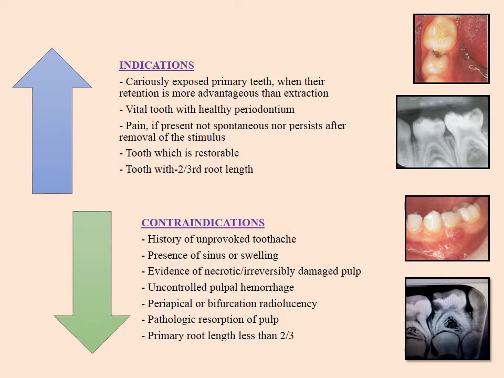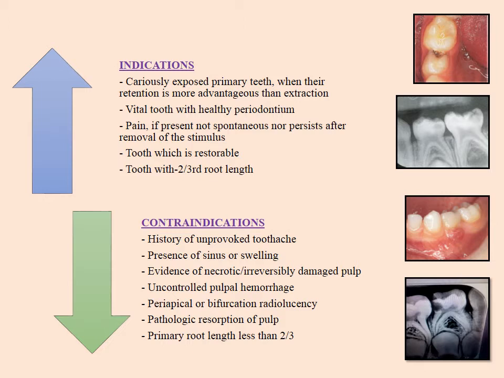That means we need to either do pulpectomy or extraction of the tooth. Evidence of necrotic or irreversibly damaged pulp, or uncontrolled hemorrhage from the pulp. So while doing the pulpotomy procedure, if there is uncontrolled pulpal hemorrhage, that itself indicates inflammation of the radicular pulp. So in this case, we have to move on to a more extensive treatment than pulpotomy.